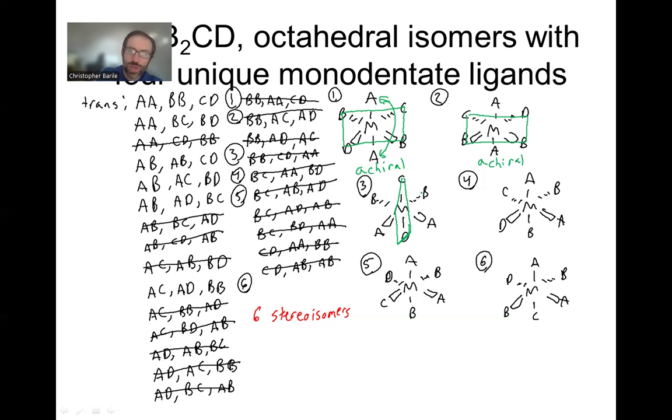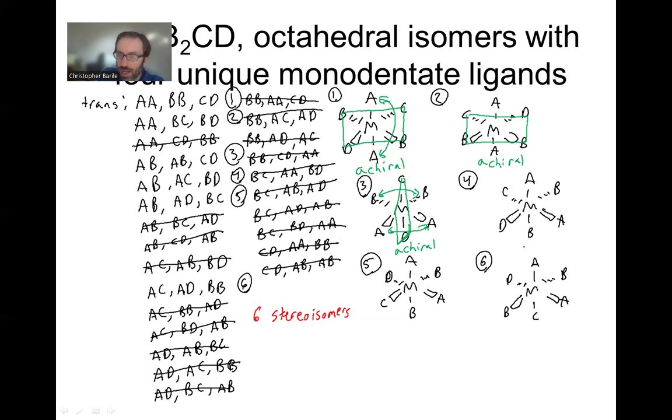It's cutting between the B's and between the A's. So it contains C, M, and D. Okay, it's coming out like this. And the A on the right is looking at the A on the left. And the B on the left in the back is looking at the B on the right. So they're looking at each other in the mirror. So again, when you do this operation, nothing happens. So this has a mirror plane. So again, because it has a mirror plane, this is achiral, not chiral.